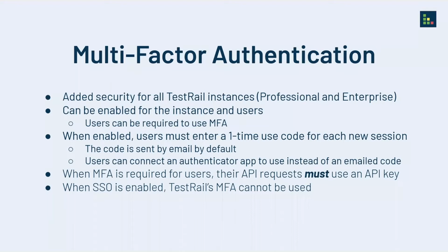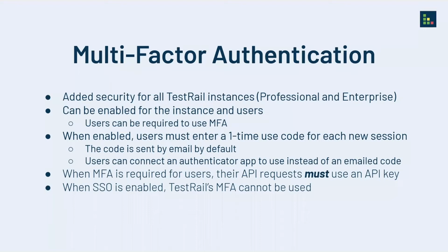You can enable multi-factor authentication for the entire instance, and also on specific users. So if you have a user which is, say, an API user that you don't want to worry about multi-factor authentication because they're never going to actually log in through the UI, then you don't have to turn on multi-factor authentication for that account.